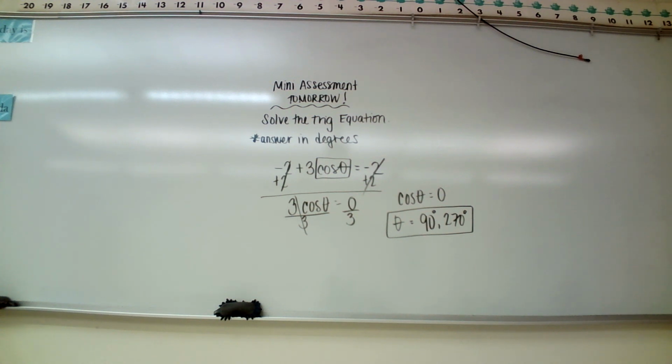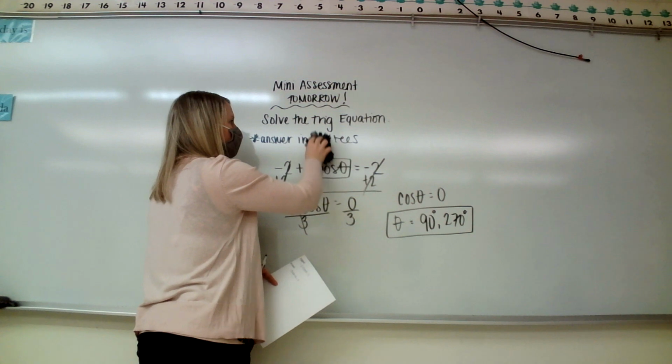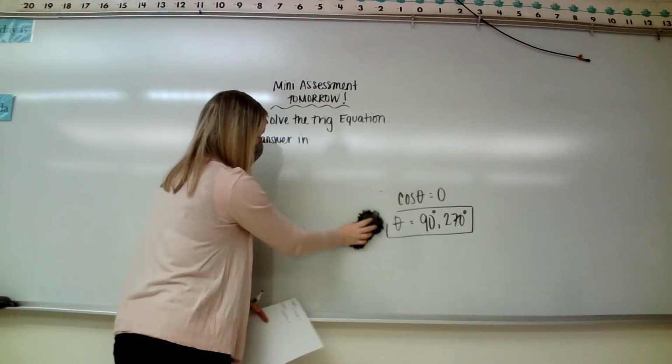All right, so that was one in degrees. I'm gonna do the next one in radians, which we know hopefully doesn't actually change any of the steps, which is nice. Just let me know if you have questions as we do things. So I'm gonna erase this one. For the next one, I'm gonna want the answer in radians.